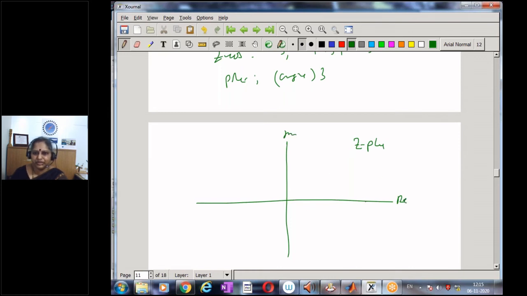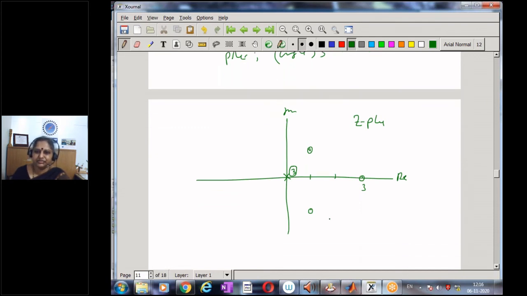I have a zero at 3, another zero at 1 plus j, and another zero at 1 minus j, and I have 3 poles at the origin. Once again, because the poles are within the unit circle and it's an FIR system, the system is stable. Of course, we can also comment on the frequency characteristics of a system by looking at the pole zero plot, but we shall defer that until we take up digital filters.